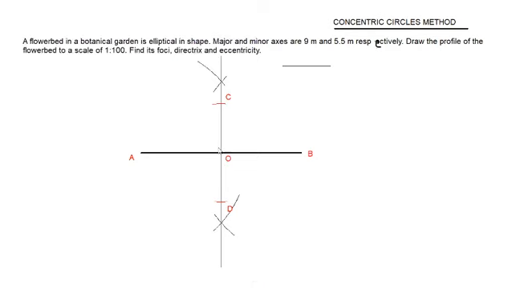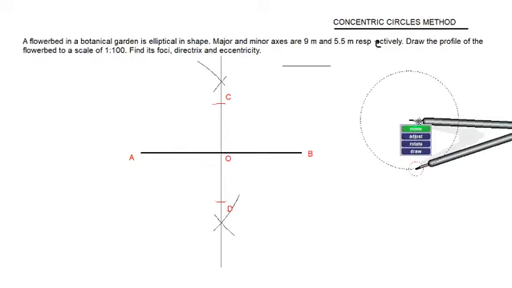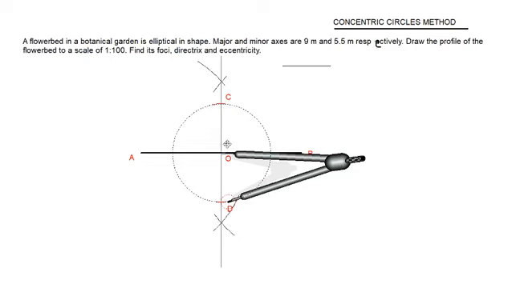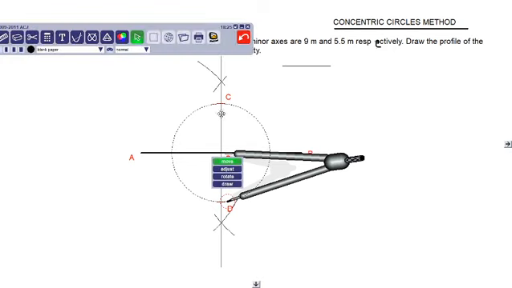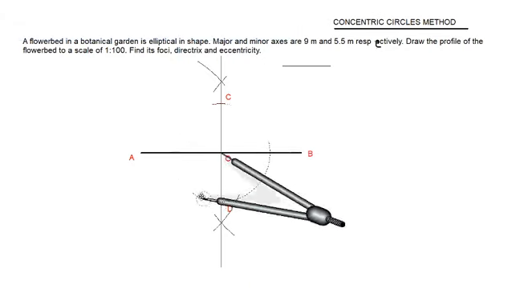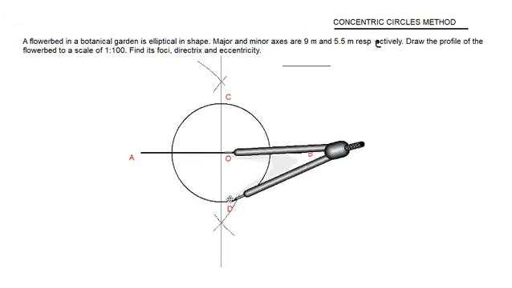Now what you have to do, you have to draw two circles. How to draw the circle? Taking center as O, make center as O and this OC or OD as the radius and draw a circle. So I am drawing a circle here.